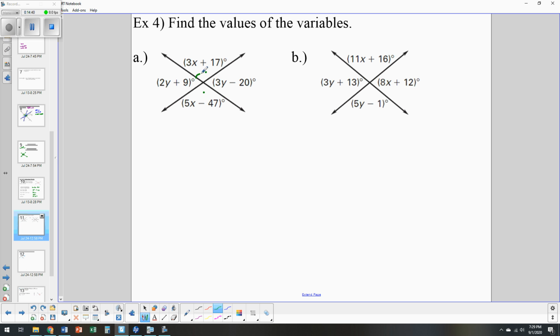These are vertical angles, so I know they're equal to each other, which means now I can say that 5x minus 47 equals 3x plus 17. So I can subtract the 3x and get 2x. I can add the 47 to 17, and I get 64. And now I divide both sides by 2, and I get x is 32.